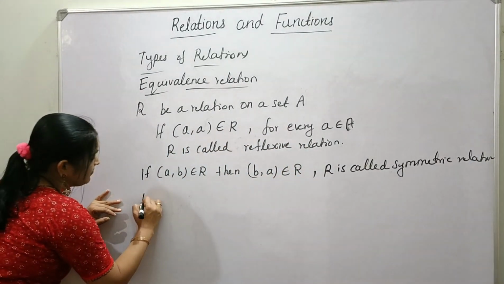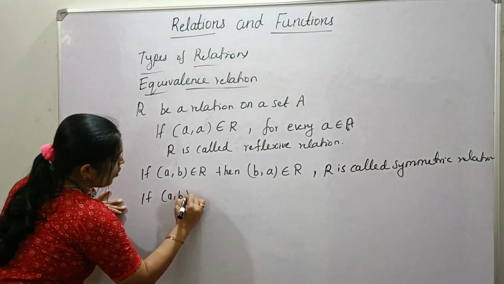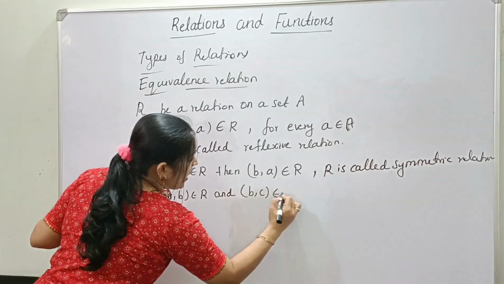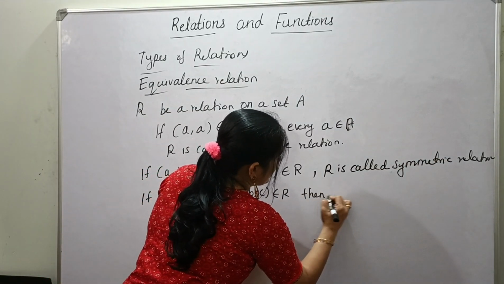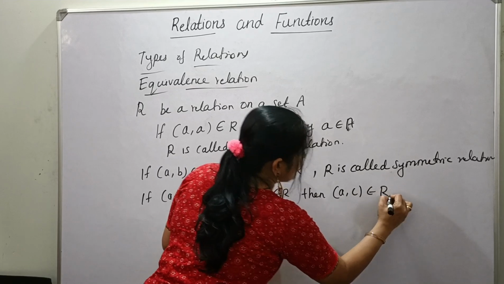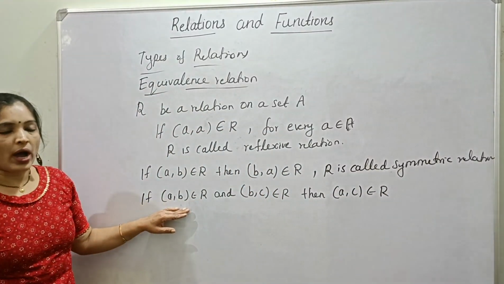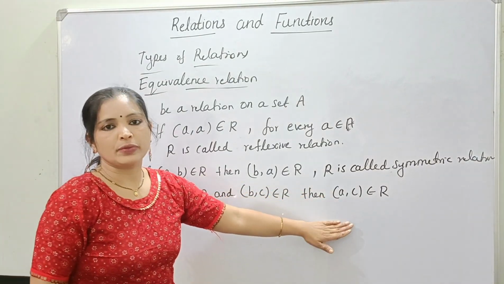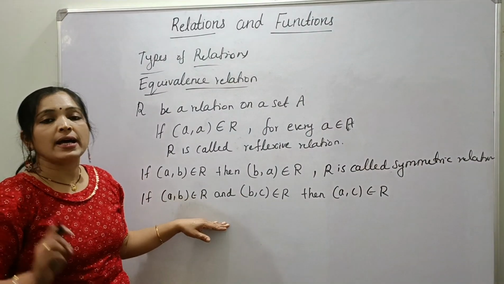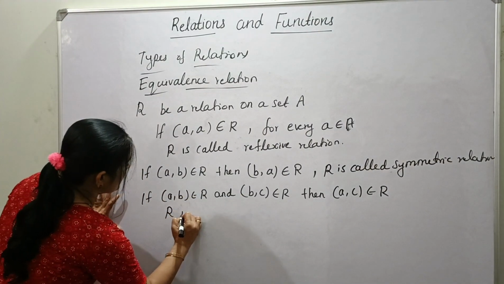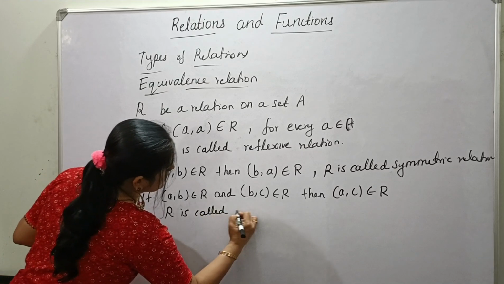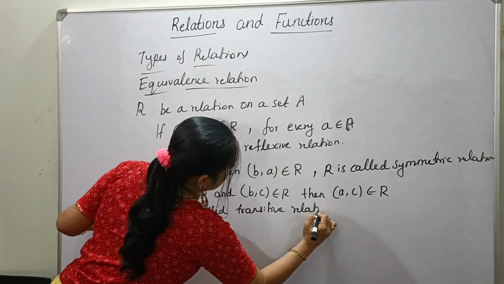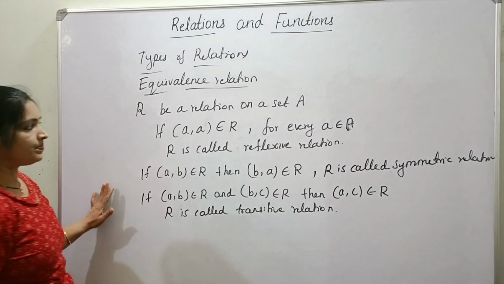And third one, if (A, B) belongs to R and (B, C) belongs to R, then (A, C) belongs to R. Okay, this relation is called a transitive relation. Here R is called a transitive relation.